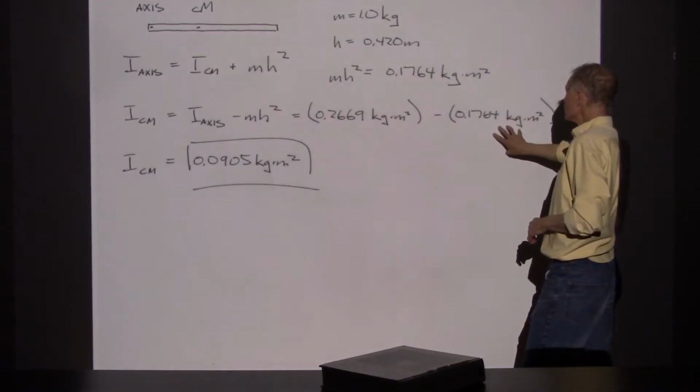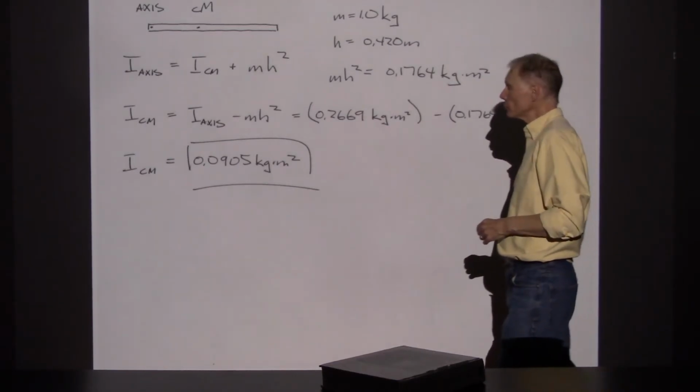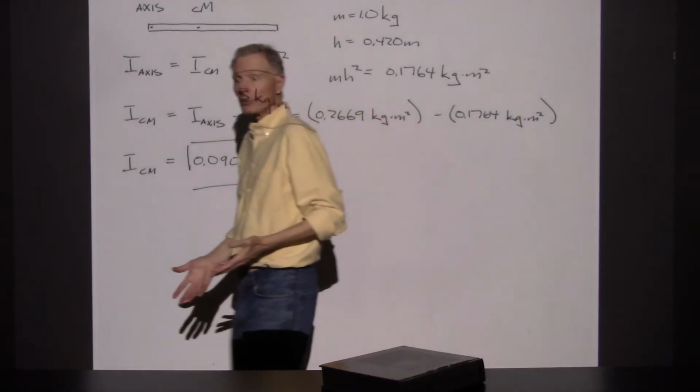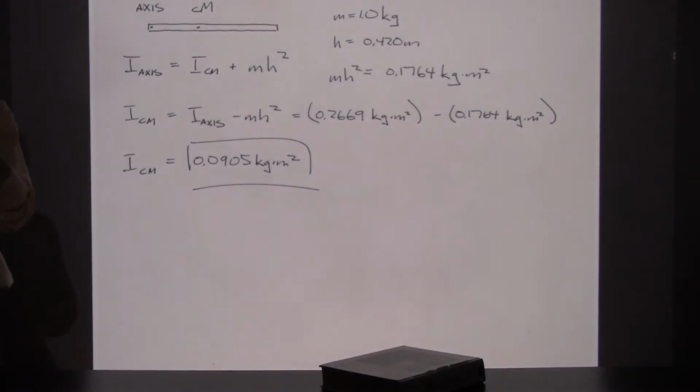So minus 0.1764. And look, the rotational inertia went down by about a factor of 3. The rotational inertia around the center of mass is much lower than the rotational inertia around one of the ends. All right. Questions on that?